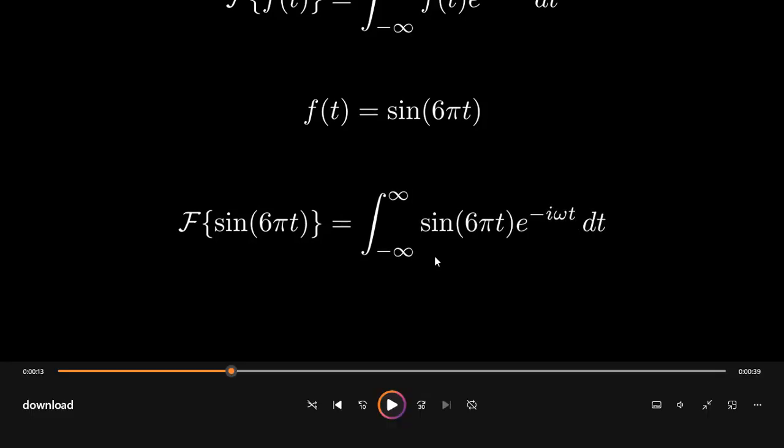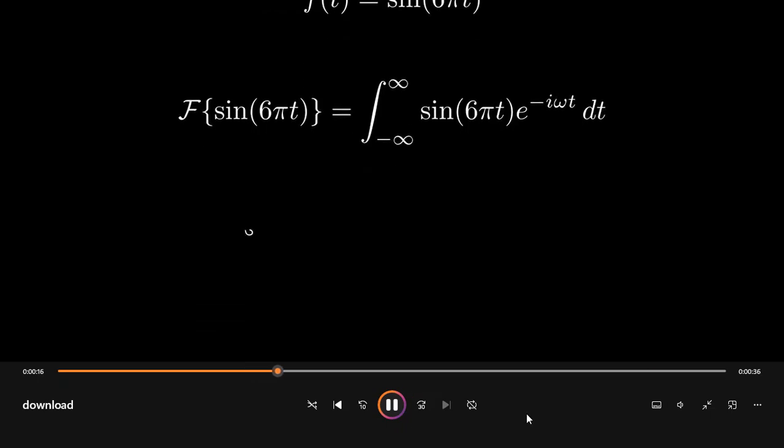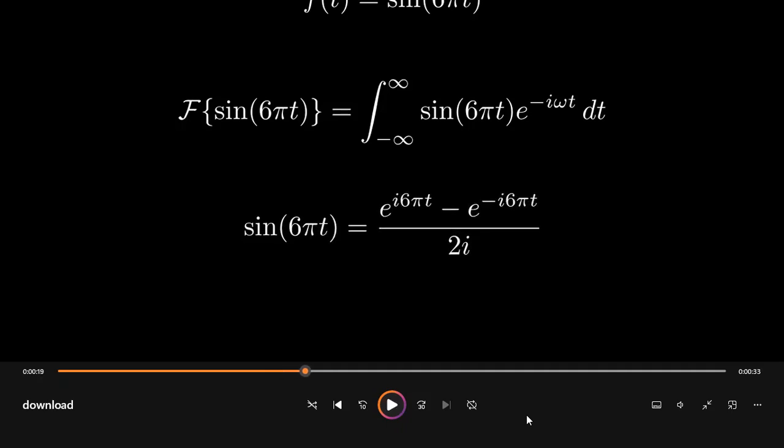Now we plug this function into the Fourier transform. Here is the function multiplying the exponential, taking the integral. This is the Fourier transform of our function. And we continue by noting that this is the Euler formula for sine: e to the power of 6 pi t minus e to the power of minus 6 pi t, divided by 2i.